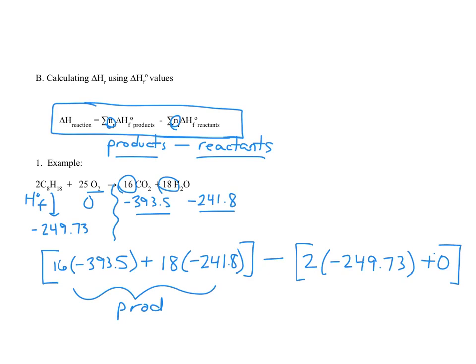So when I combine all of my product side numbers, I get negative 1,943.6. And when I do everything over here on my reactant side, I get negative 499.46.